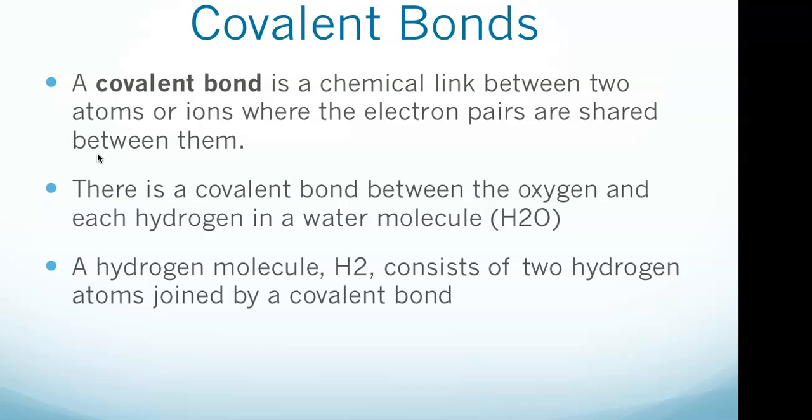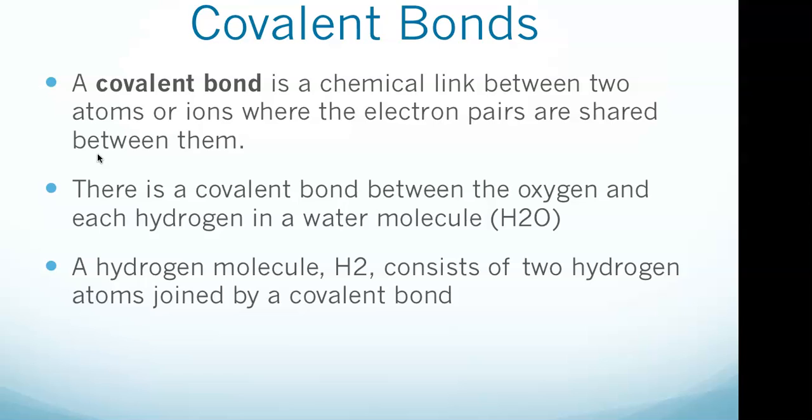Many organic compounds, such as carbohydrates, result from covalent bonding. There is a covalent bond between the oxygen and each hydrogen in a water molecule. Each of the covalent bonds contains 2 electrons, one from a hydrogen atom and one from the oxygen atom. Both atoms share the electrons.